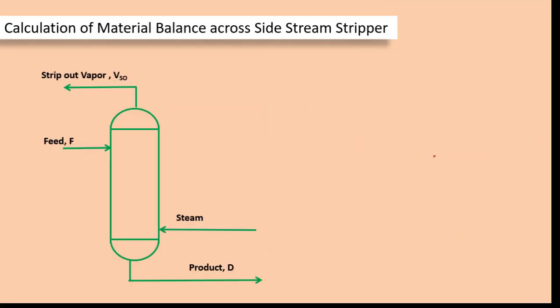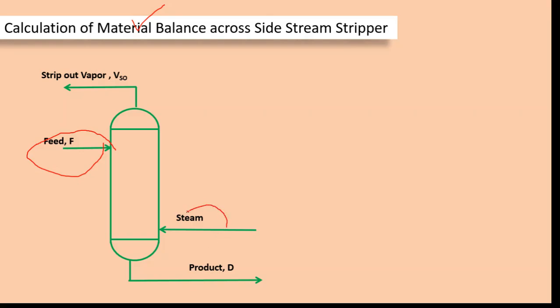Now come to the next one, that is the calculation. How to go for the material balance? For the material balance, here is one simple example. The material that is entering the stripper is known as the feed. It can be any stream, a light naphtha or heavy naphtha, but it is known as the feed entering the stripper.